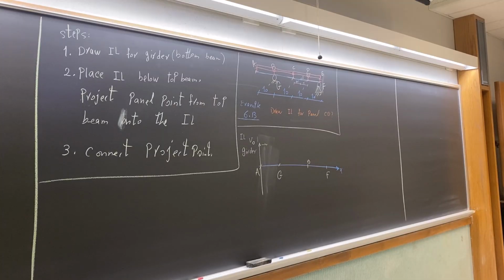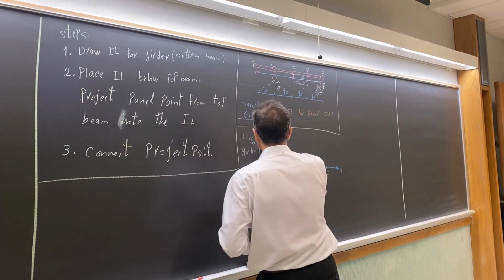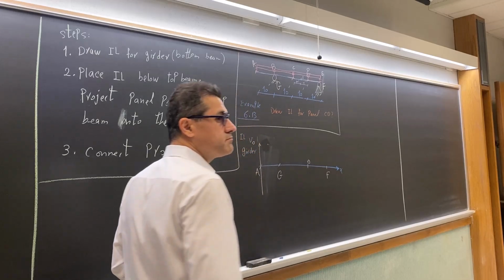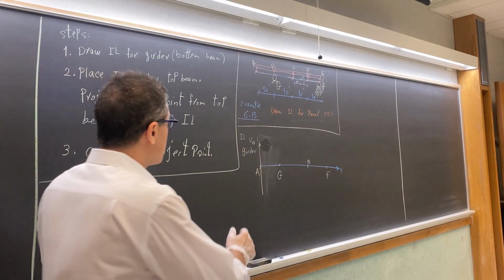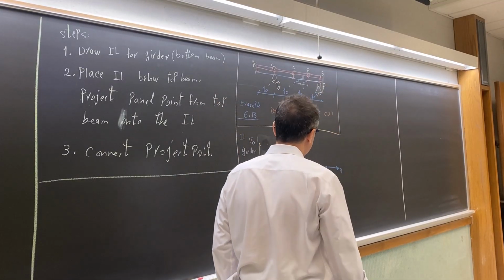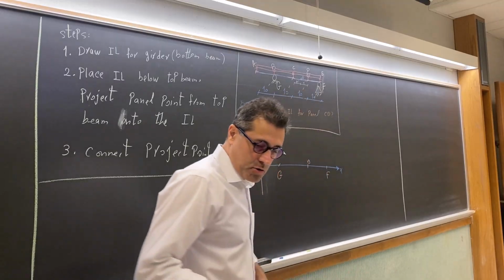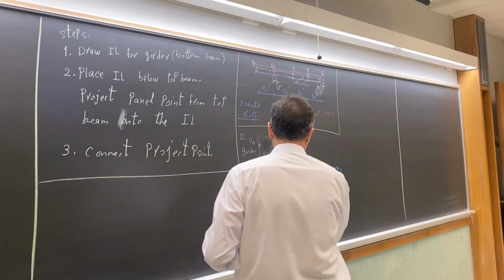I'm drawing the influence line for the girder as the first step. So A, G, O, and F. And I draw the influence line like this.